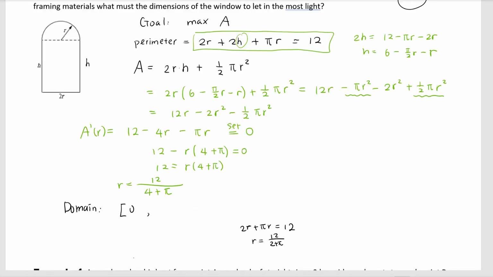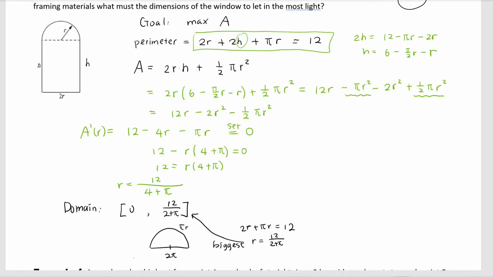Let me draw this picture lower, so then we have more space. All right, so that's why the biggest r is 12 over 2 plus pi.